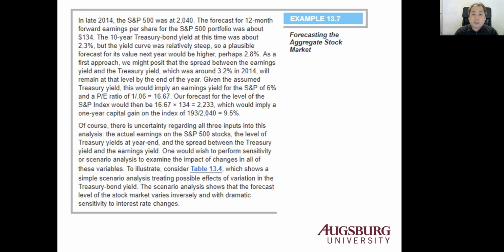Of course, there is uncertainty regarding all three inputs into the analysis. Earnings may be different, the Treasury yield may be different, and the spread between earnings yield and Treasury yield may be different. So what we usually do is sensitivity and scenario analysis to examine these changes first of all.